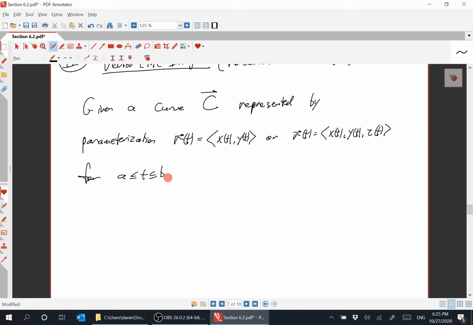Again, think of t as a time parameter, so time in seconds, minutes, milliseconds, or whatever it might be.